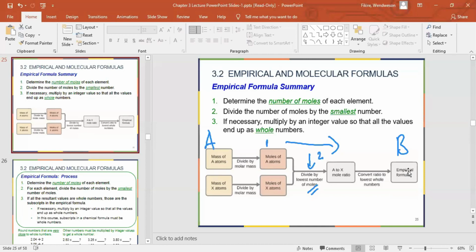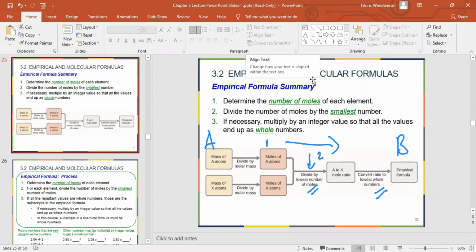If necessary, multiply by an integer value so that all the values end up as whole numbers. When we say integer value, it can be 2, it can be 3, to end up with a whole number. A whole number is the one that is used as a subscript to write the empirical formula.